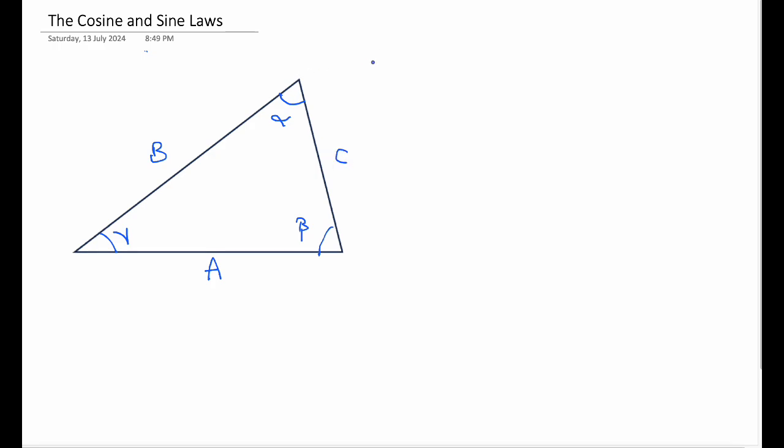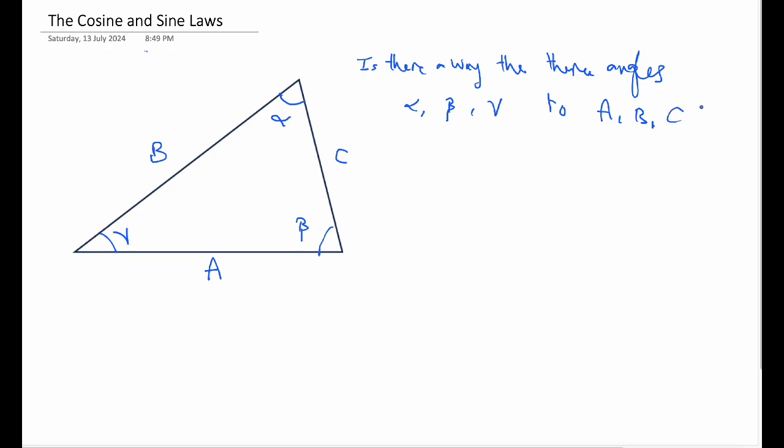Now, is there a way to relate the angles, the three angles, alpha, beta, and gamma, to the sides A, B, and C?